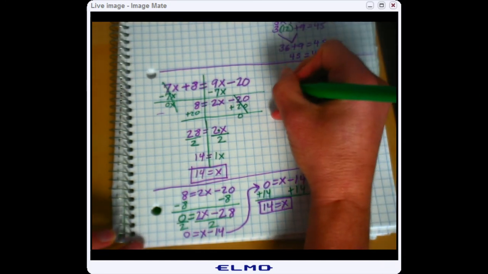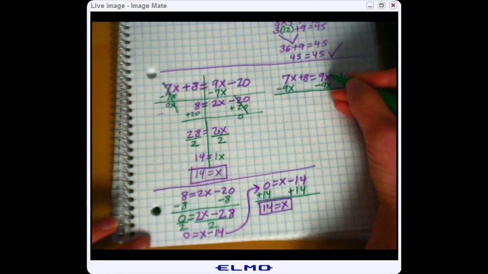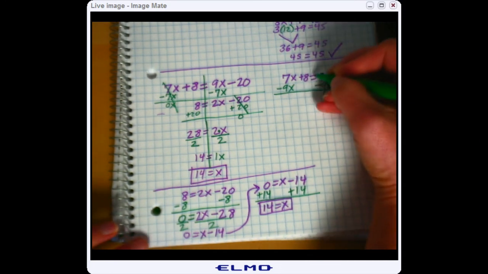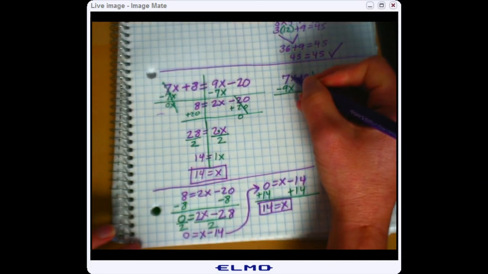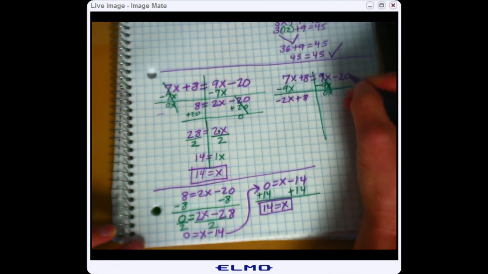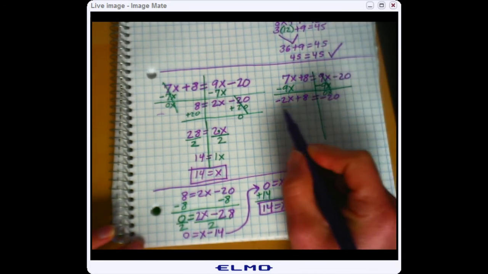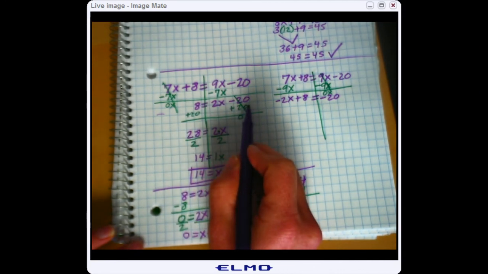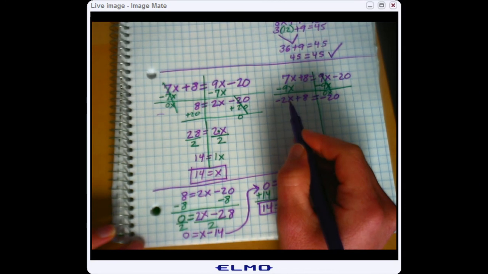If I move my 9x to the other side and cancel it out, 9x minus 9x gives me 0x, then I'm going to have an equation that equals 7x minus 9x, or negative 2x, and my negative 20. So very similar to over here, just slightly different, and I have to now think about that negative in front of the variable.